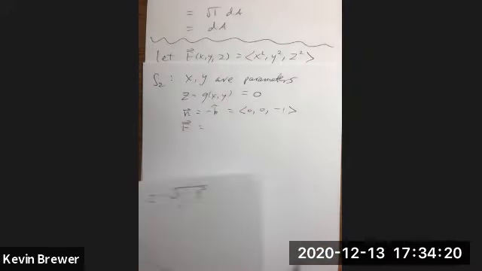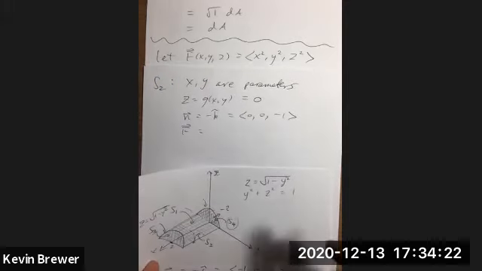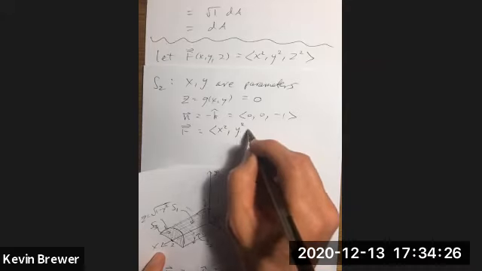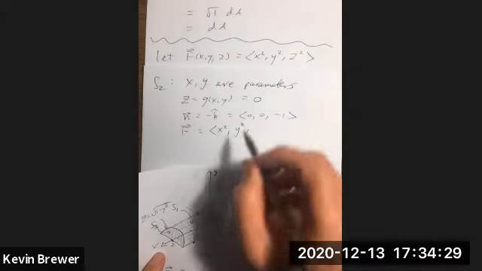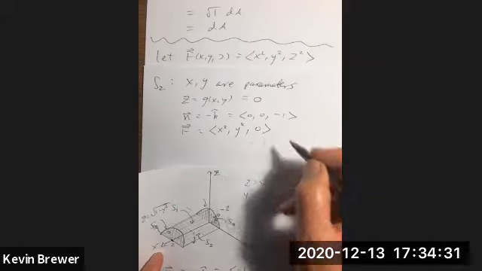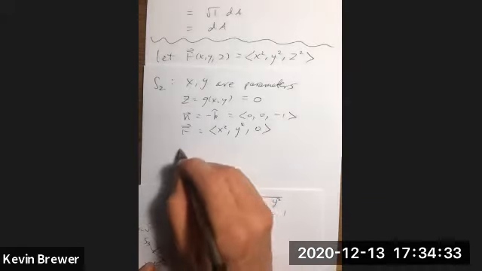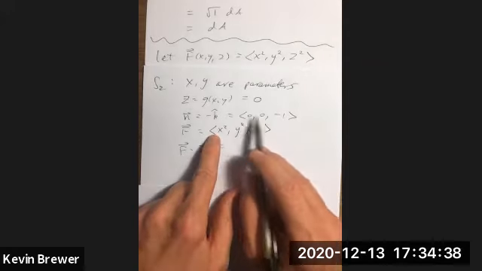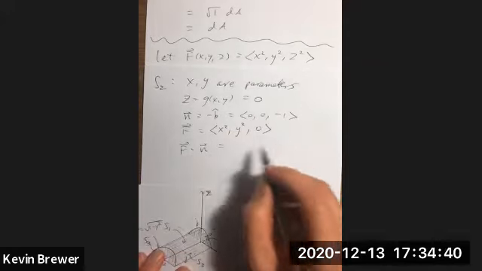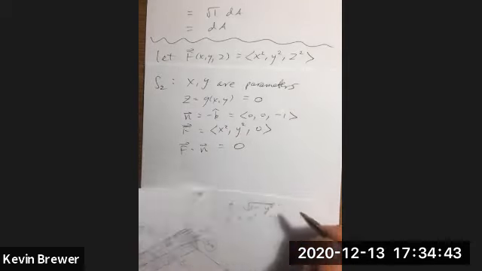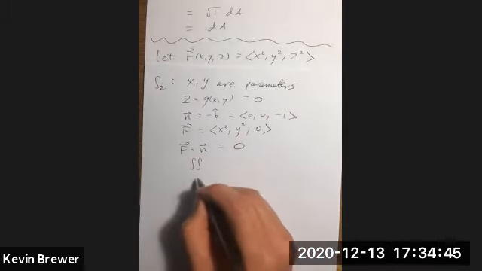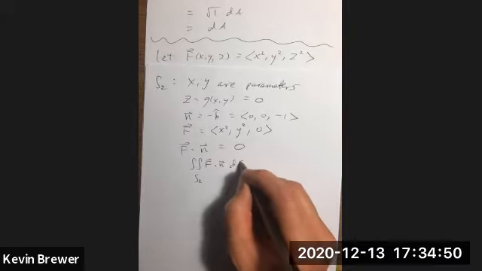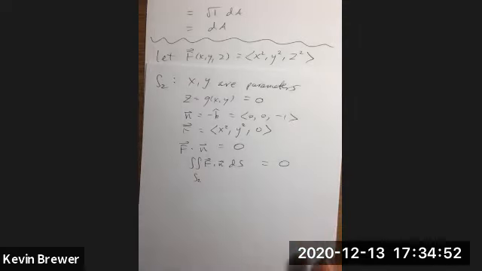F here becomes x squared, y squared, and then 0. And then F dot n is 0 plus 0 plus 0. So 0. Double integral S2 of F dot n dS is just 0.